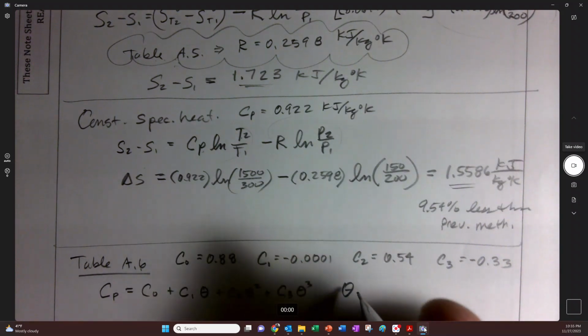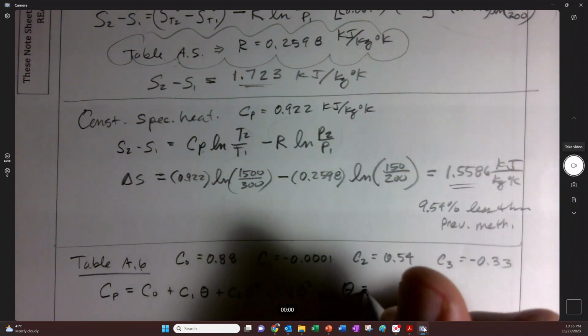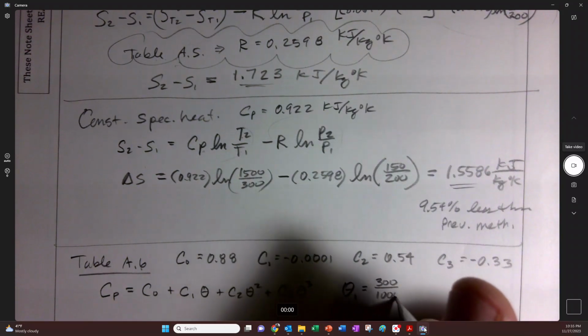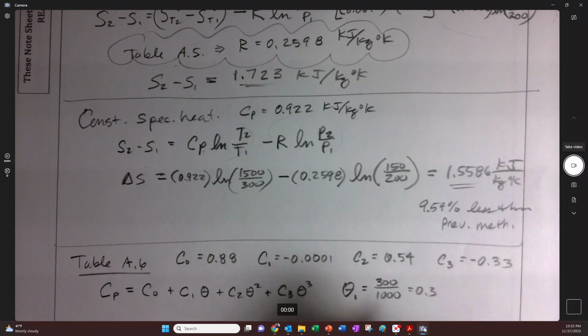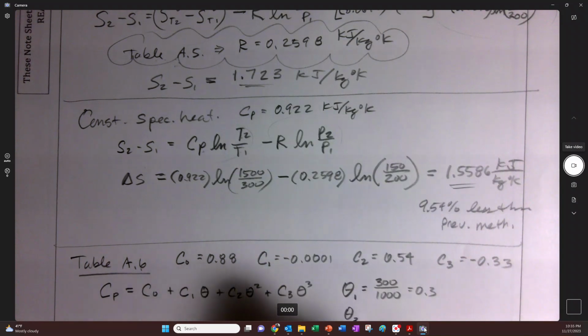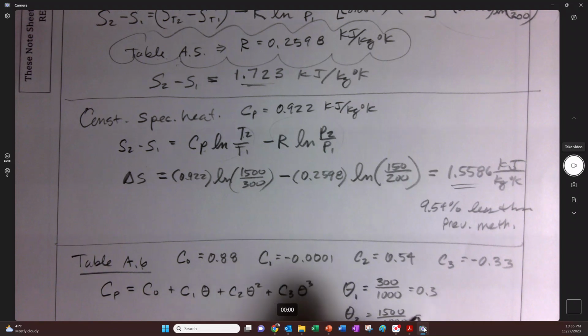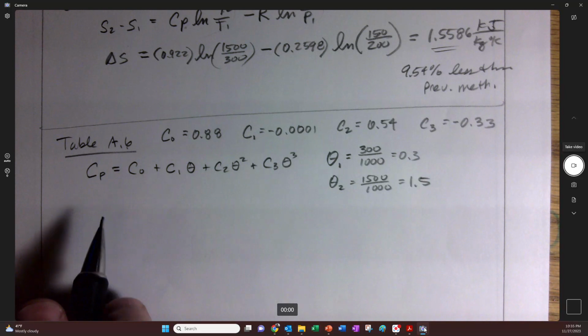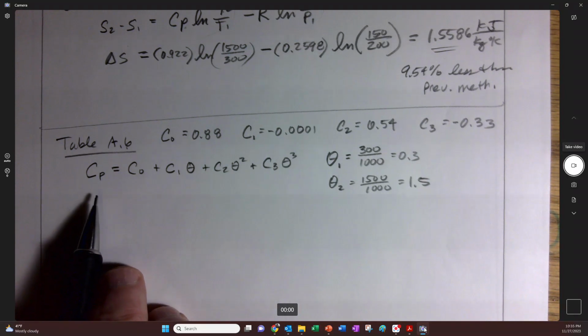Let's say theta 1 is going to be 300 divided by 1,000, which is 0.3. Theta 2 is going to be 1,500 divided by 1,000, which is 1.5. And we're going to plug that into the main equation.